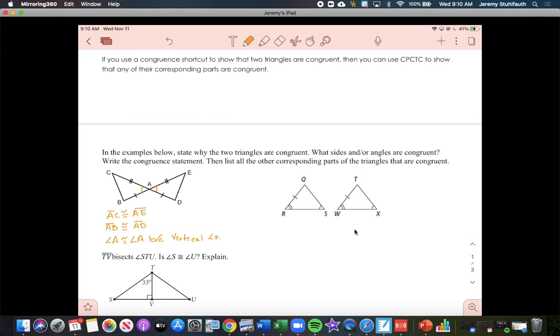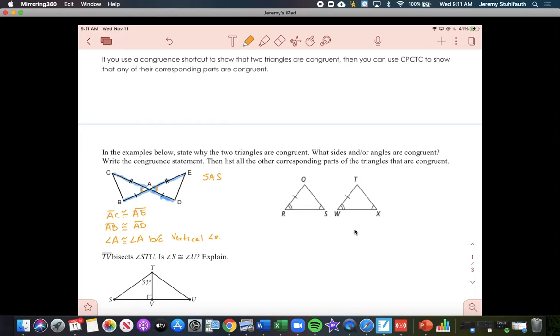Now, think about what we know. We have a side, an angle, and a side. Ask yourself, is side, angle, side one of our congruency shortcuts? And the answer is yes. We said yesterday that is one of our congruency shortcuts.